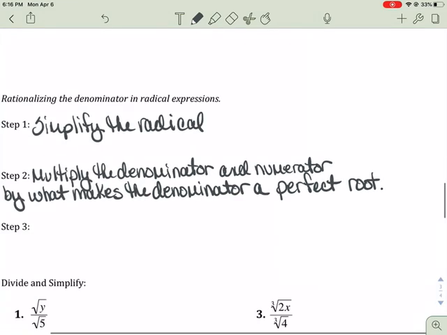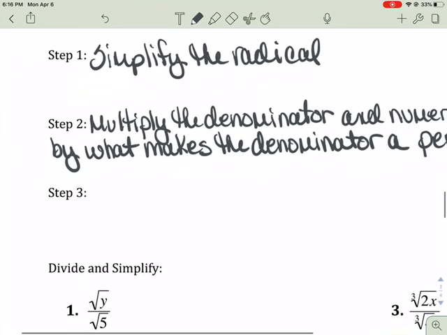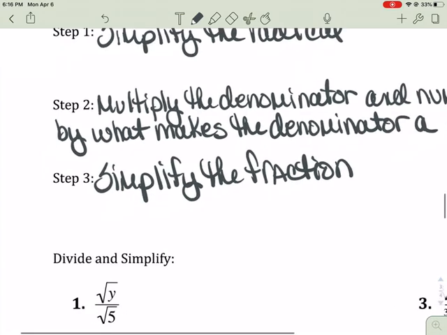Okay, now you'll see what I mean by this in a minute, so just be patient. Okay, now in step 3, we're going to simplify again. Okay, now when you're done simplifying here, the final answer should not contain any roots in the denominator.